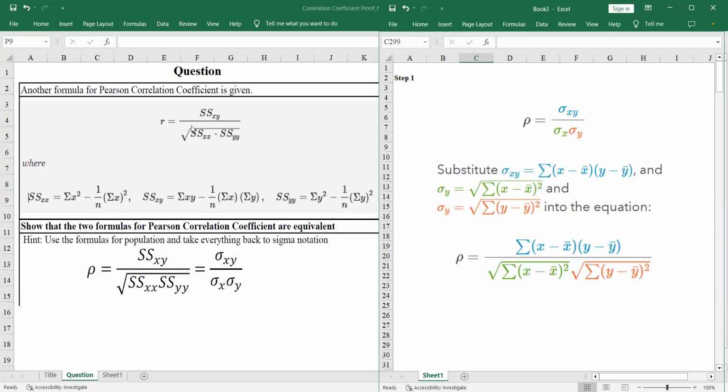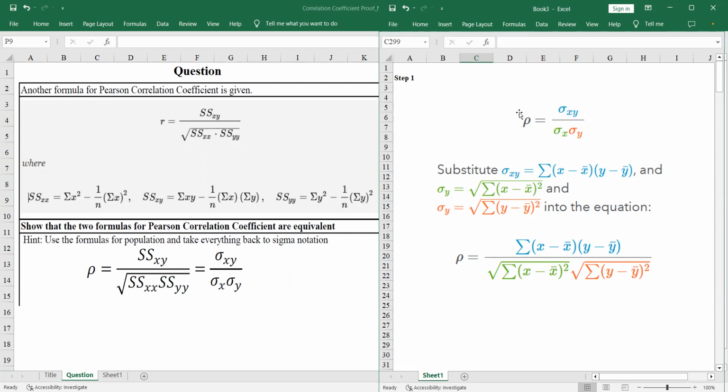So we have this formula given: sum of squares of xy divided by SSxx into SSyy, whole under root. We have to prove this formula, starting from the simple standard deviations and covariances part.